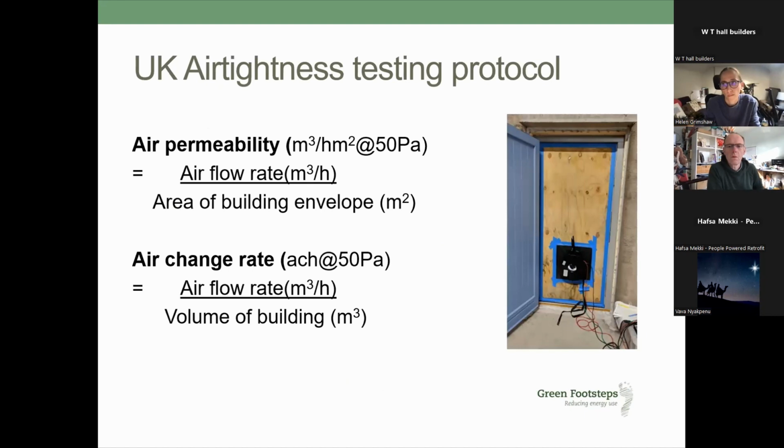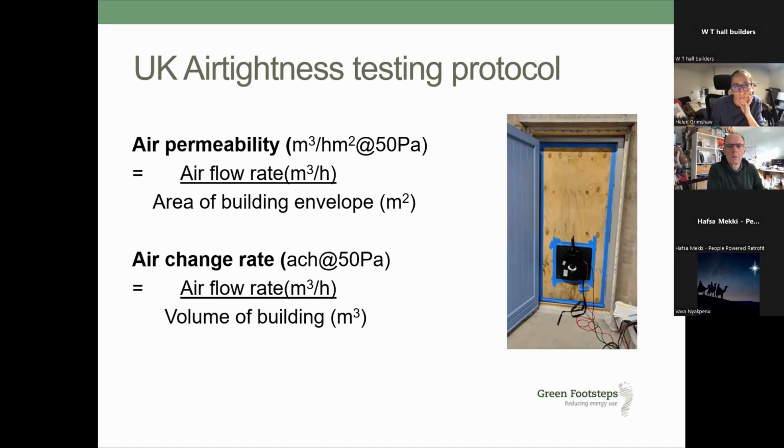When we're talking about airtightness, there are two ways of measuring it. Our UK standard is air permeability. When we're talking about Passive House standard, we tend to refer to an air change rate. When talking to clients, you need to be clear about which you mean, because there could be quite a big variation.